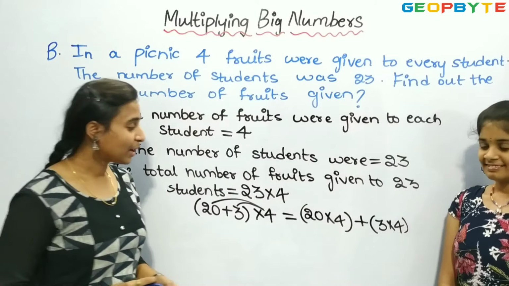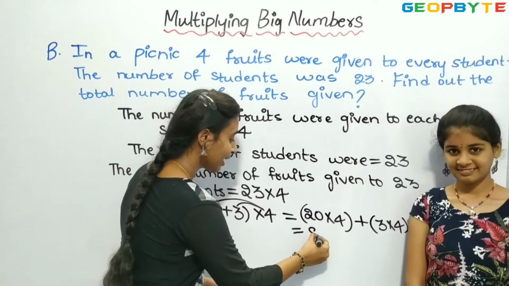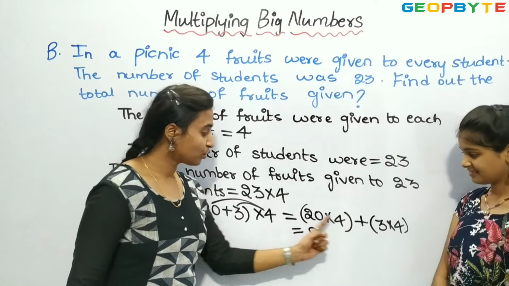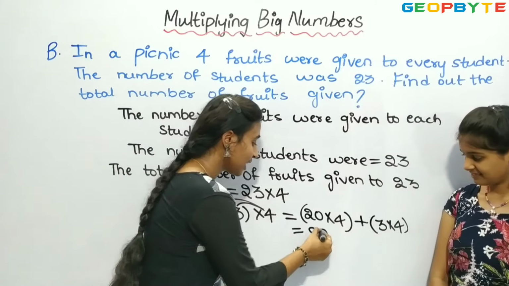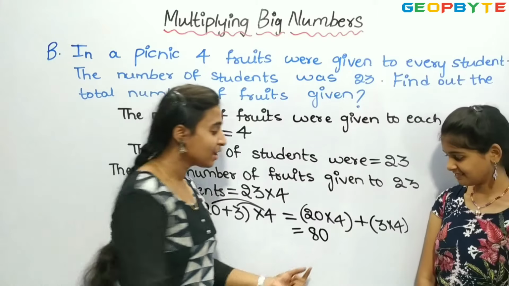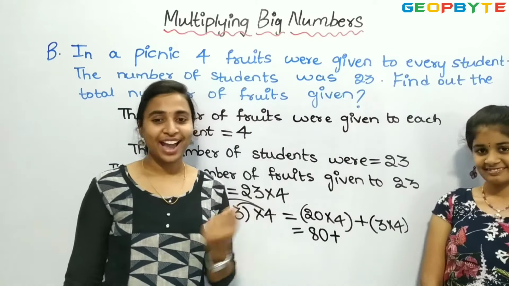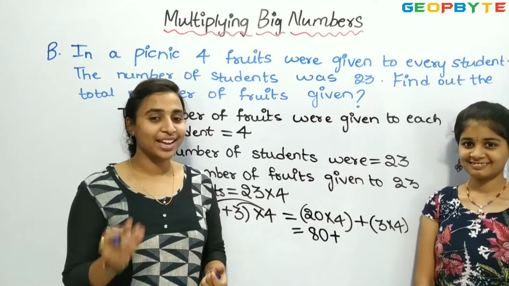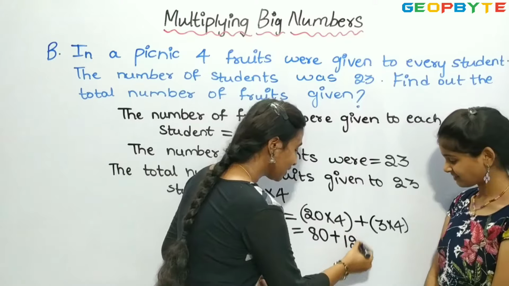So children, now let us multiply. See, 2 4s are 8. 0 into 4, 0. So 20 into 4 is nothing but 80. We have plus 3 into 4. As you know, directly you can say 3 4s are 12. So let us write 12.